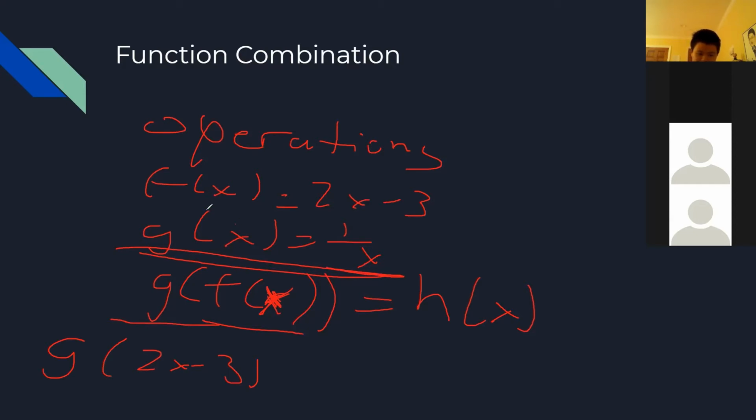A good way to see this is as a dummy variable. It's a substitute. So what we could do is just substitute this into this. This is more of a substitute for this.